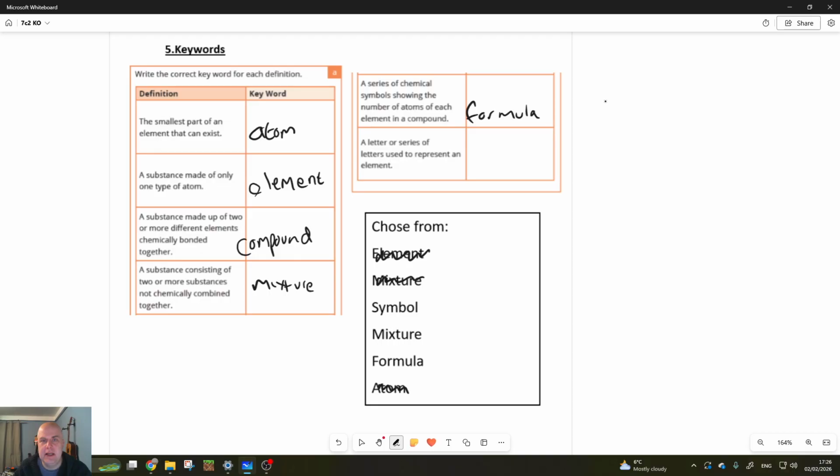And finally, a letter or series of letters used to represent an element. No, hang on. I need to read it properly. That's a symbol, sorry.